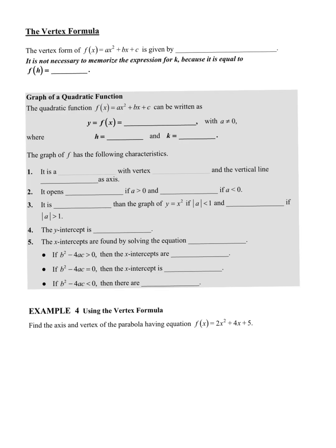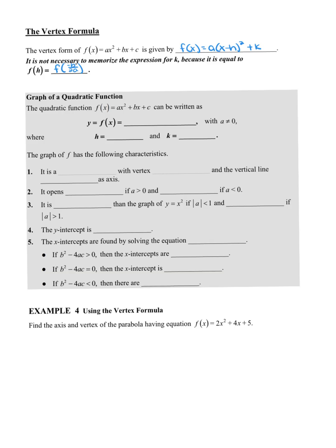Right, the vertex formula. The vertex form of f of x equals ax squared plus bx plus c is given by f of x equals a times x minus h squared plus k. It is not necessary to memorize the expression for k because it is equal to f of h, which is equal to f of negative b over 2a.